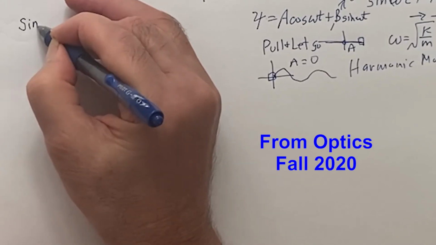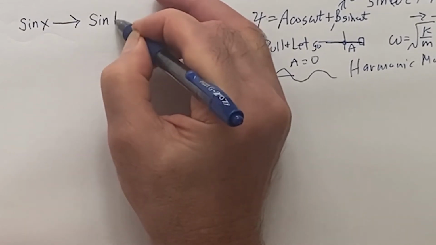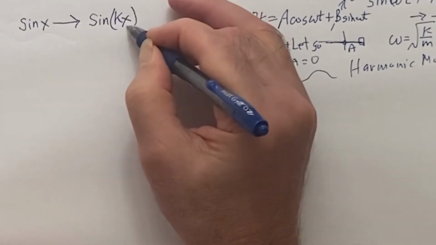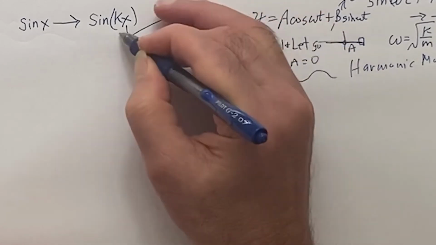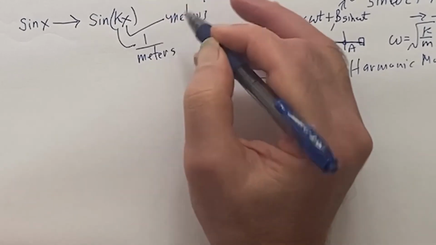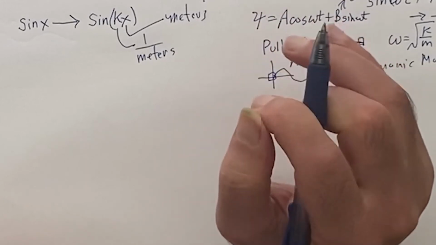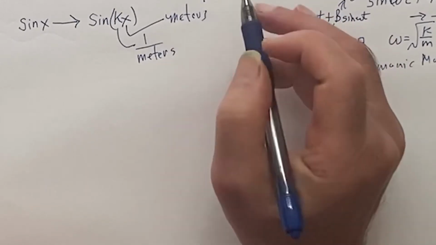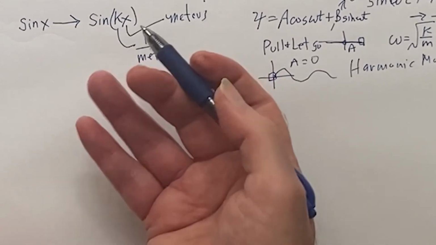So in other words, instead of sine of x, we're going to want to use sine of kx. If x is in meters, then k will be 1 over meters, so that we can apply the sine, because the argument of the sine has to be dimensionless. That's the way we're dressing up the sine wave for physics.